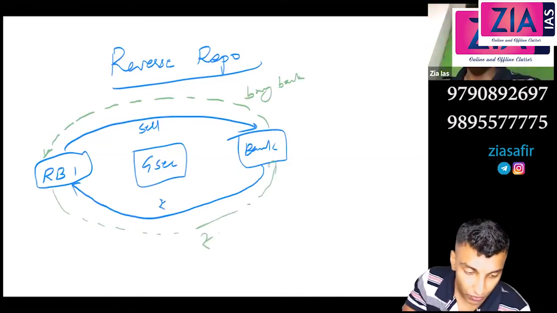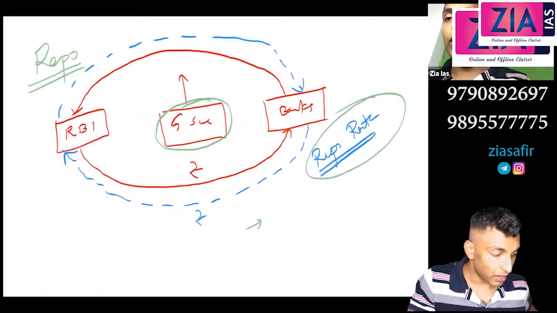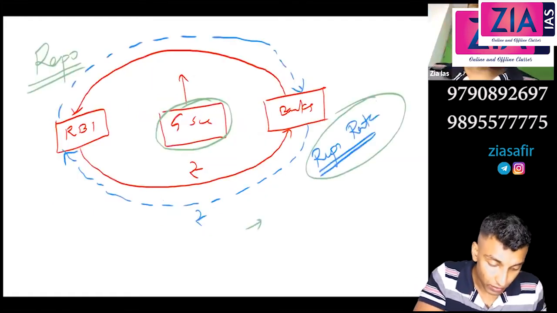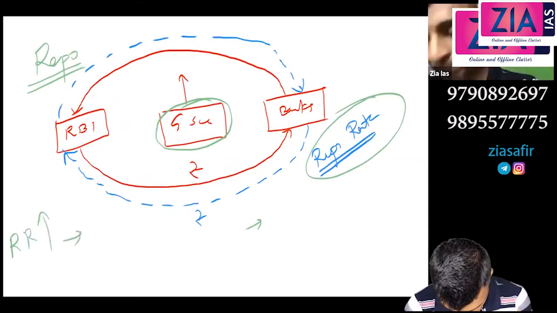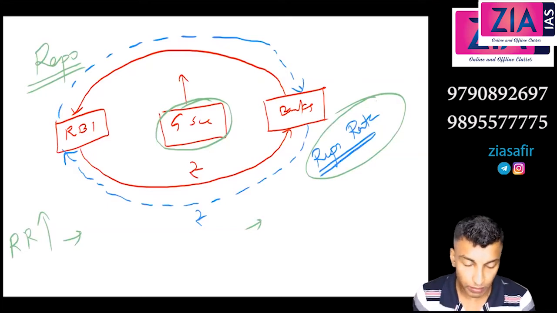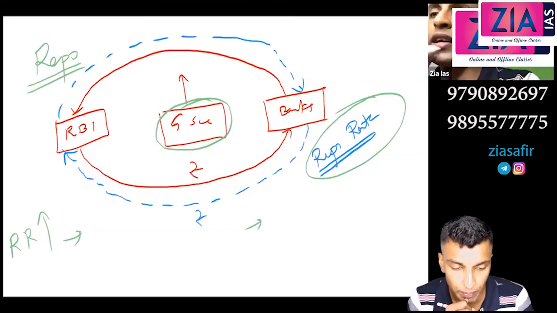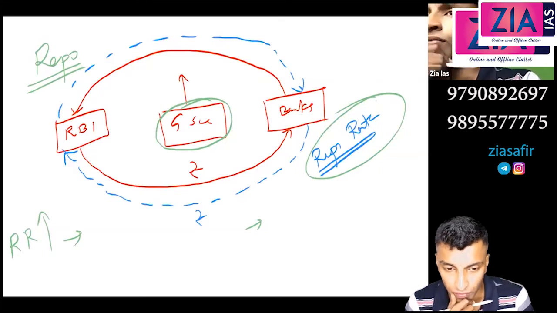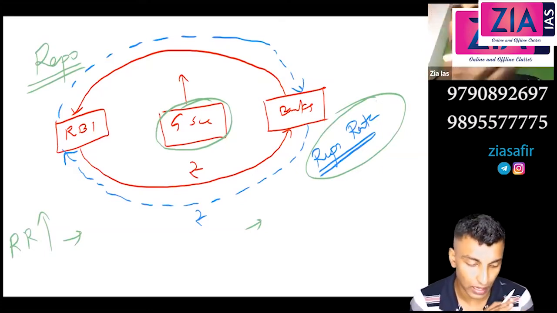Okay, I missed out one thing. When we talked about repo, if repo rate is increasing, what does that mean? How will it affect the money supply? The money supply will reduce. You can see here repo rate increasing. Do you think banks will borrow under repo? If any interest rate is increasing, logically the borrowing will come down, right?